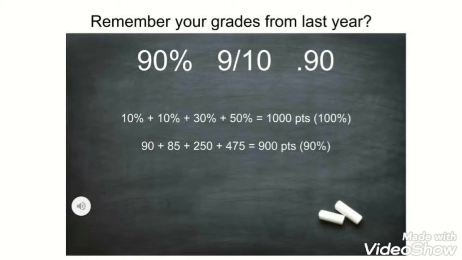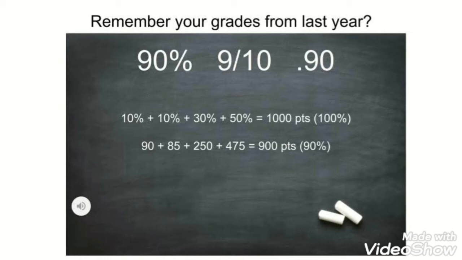Now, 30% of your grade came from 3 exams that you may have had throughout the semester. 10% would be like class participation and class work. Another 10% could come from homework, pop quizzes, that type of stuff.